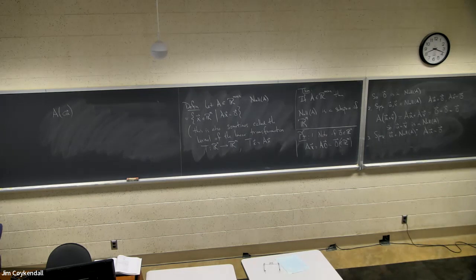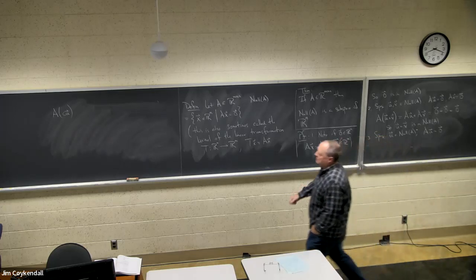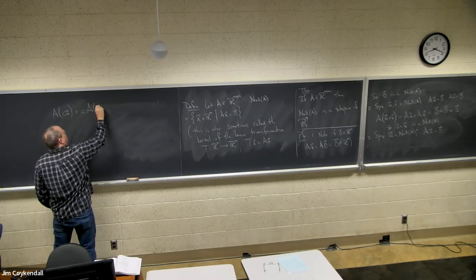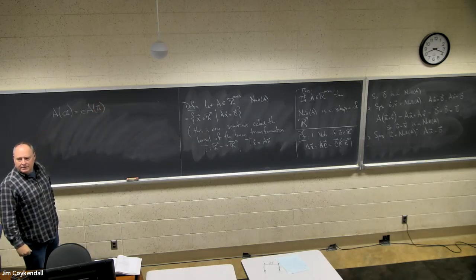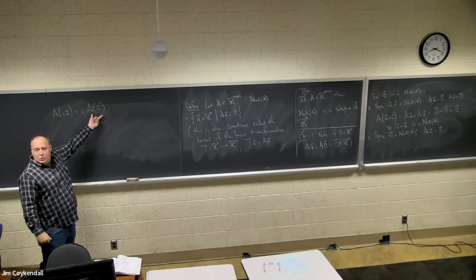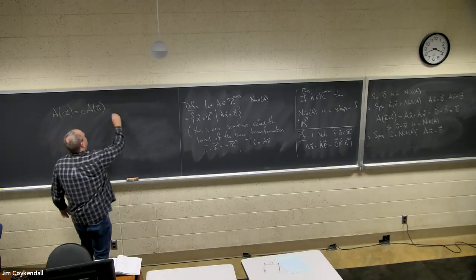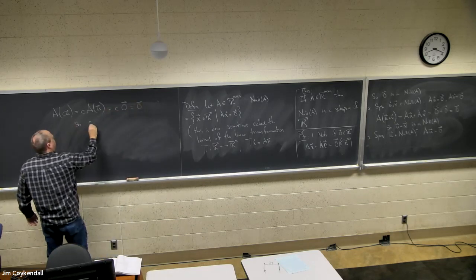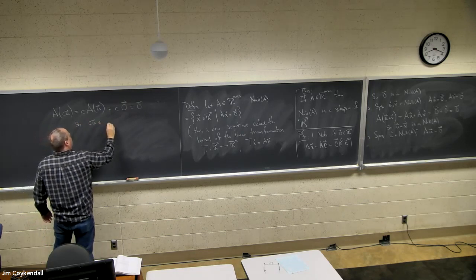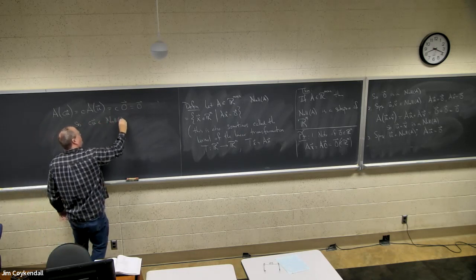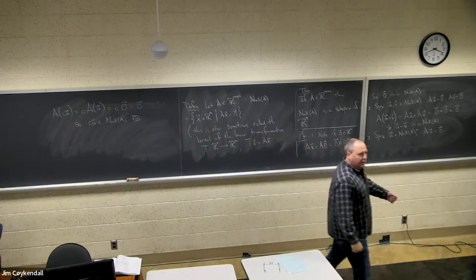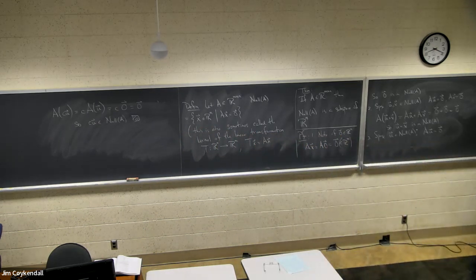What can I do? I can pull the c out, correct? And I know Au is zero. So this means that the null space of A is actually a subspace of Rn.